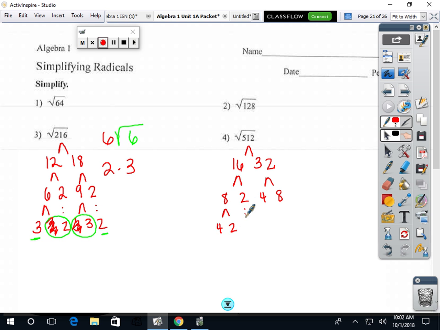And then this 2 is prime, so it just drops. What are numbers that multiply to make this 4? 2 and 2. And then what are numbers that multiply to make 8? 4 and 2. We're still not done, though, because we've got this 4 and this 4 that'll still break down some more. And then you got to drop all the prime numbers down so that everything's on the same level.